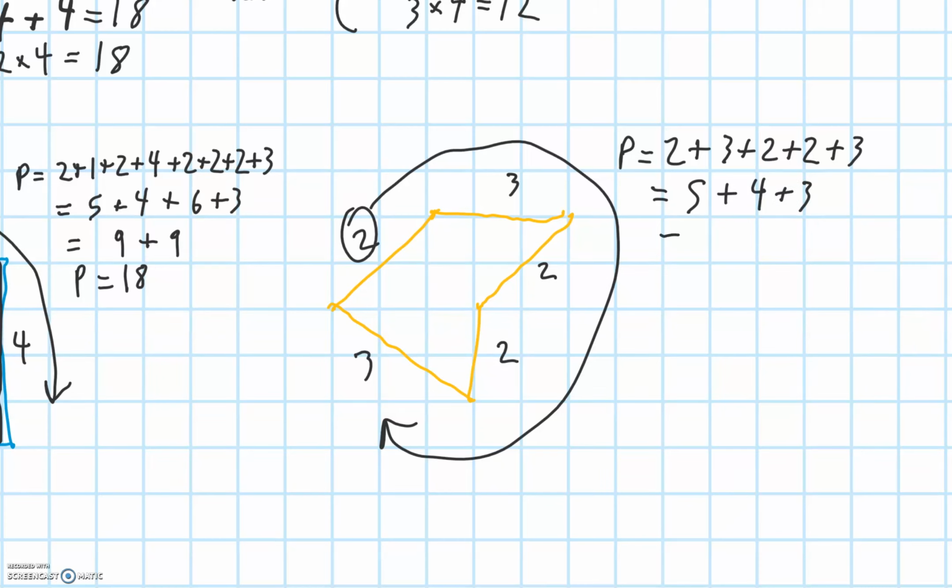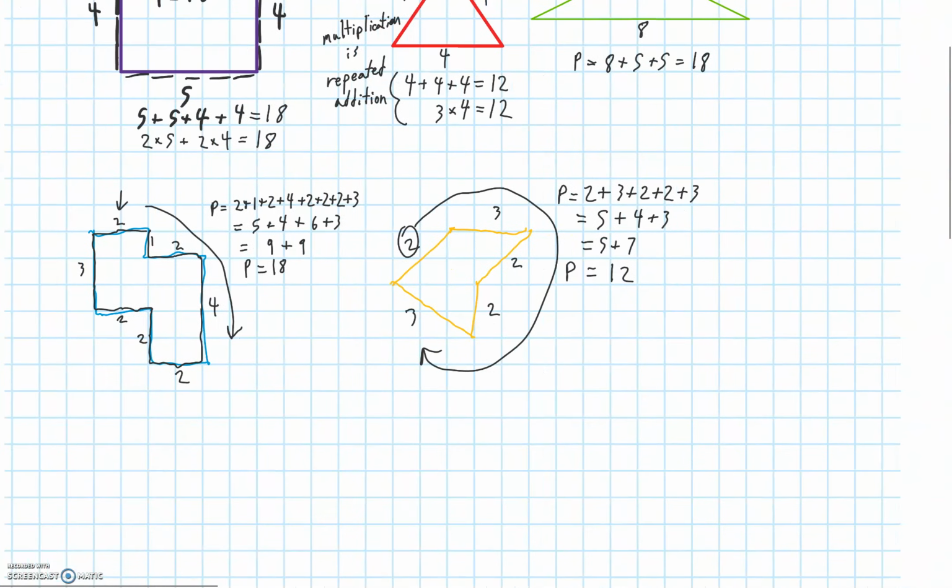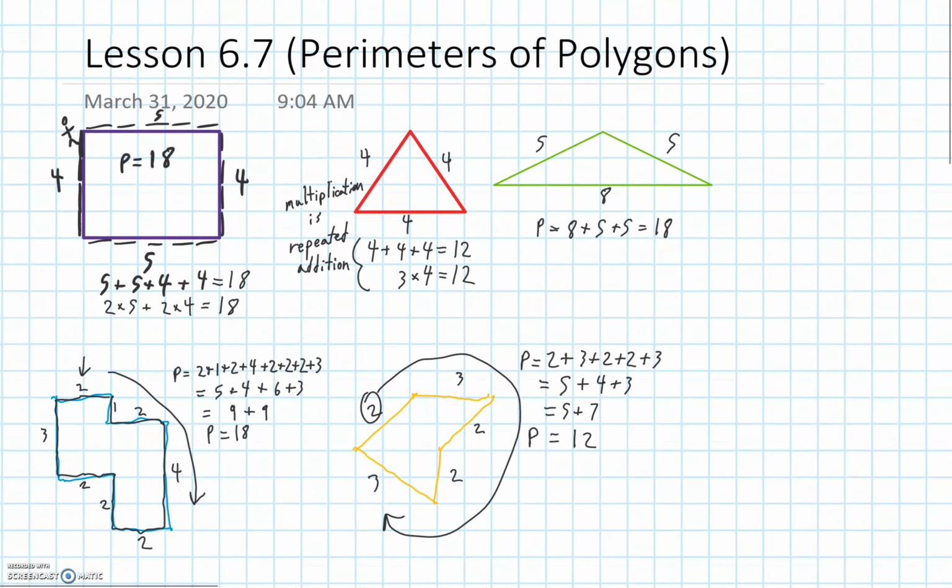Alright, so now we have 5 plus 7, and 5 plus 7 is 12. So our perimeter is once again 12. So this is all that perimeter is. All you're doing with perimeter is you're adding up all the sides going around your shape, around your polygon.